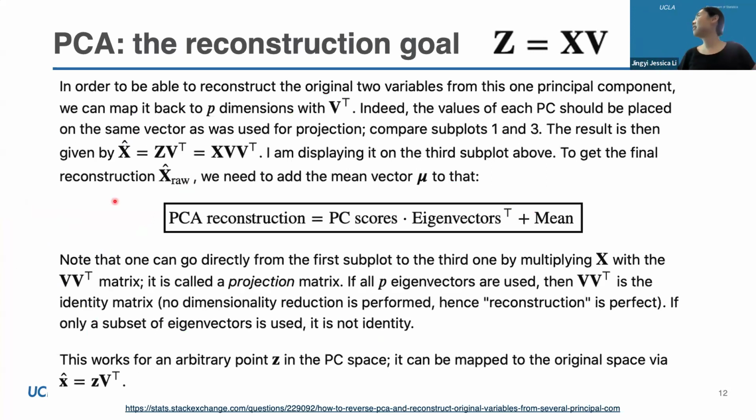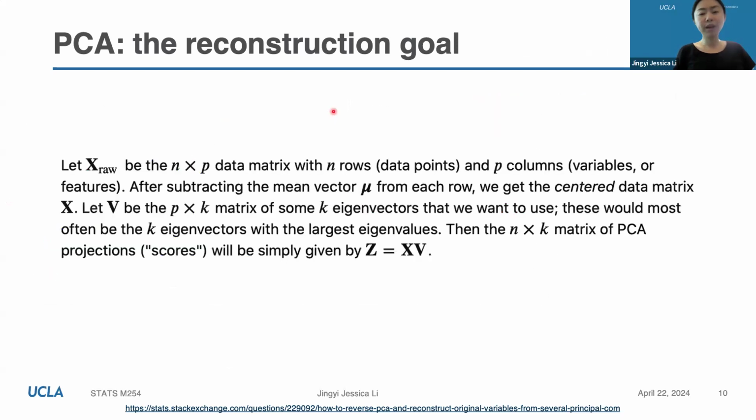Then let's look at the technical stuff, reconstruction. In order to reconstruct the original two variables from this one principal component, we can map it back to P dimensions with V transpose. Just a reminder, what is V? V is P by K, so every column of V is one eigenvector or one loading vector.